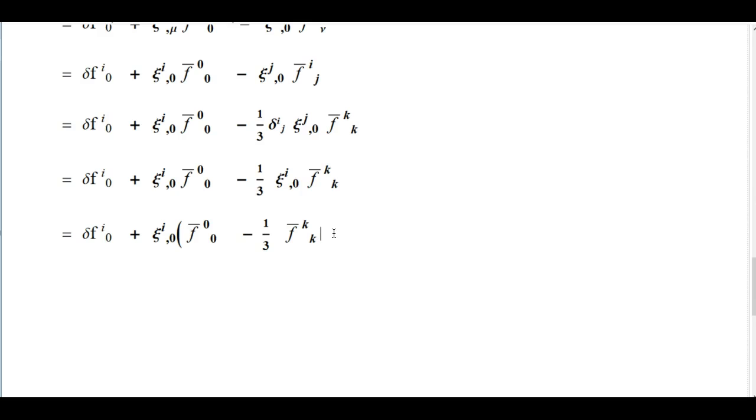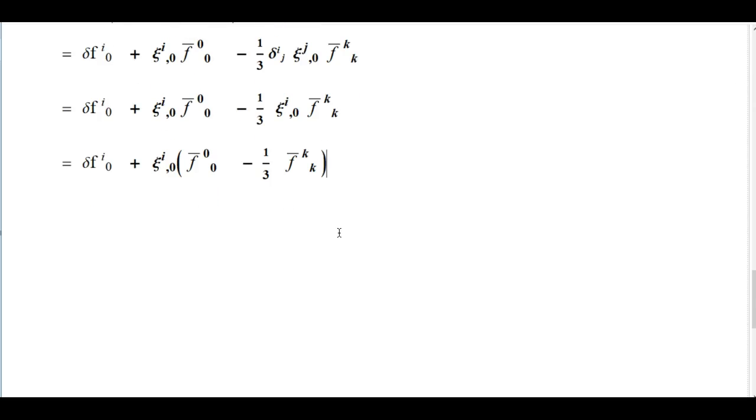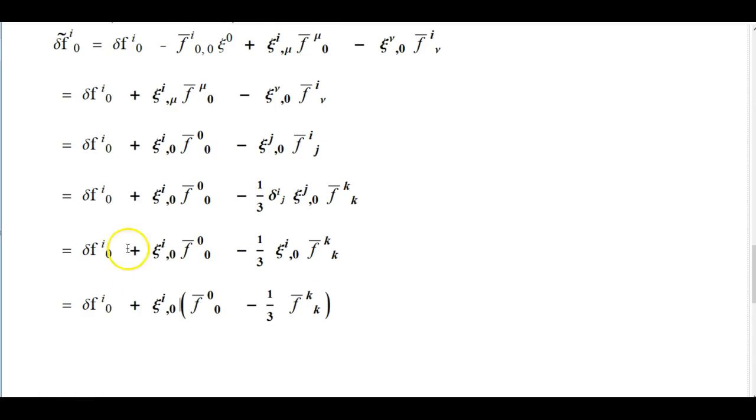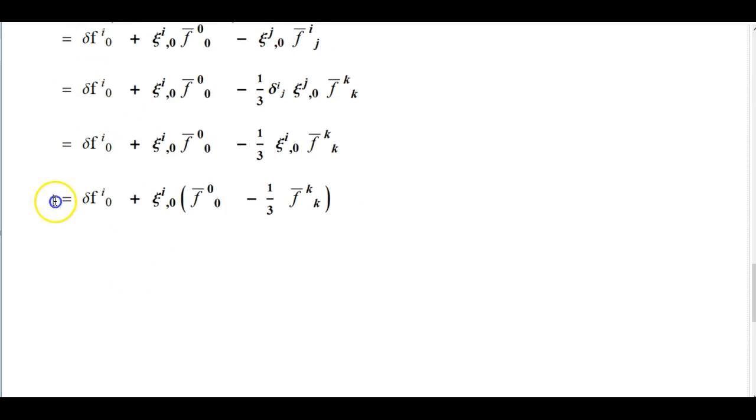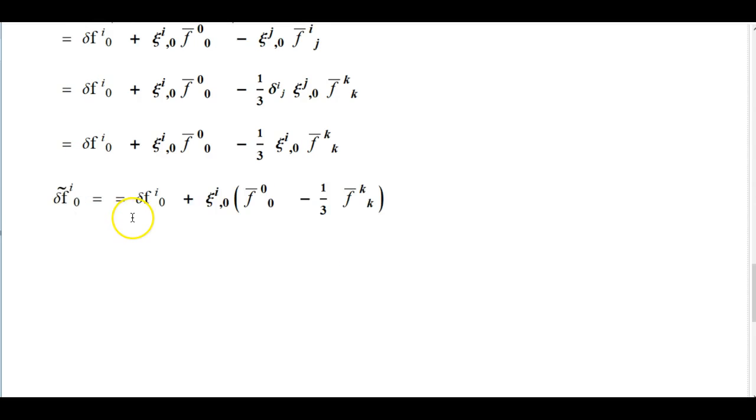Okay, so split it like this. That's I think as far as we can go with the simplification. So delta phi i0 transforms according to this relationship from gauge 1 to gauge 2.